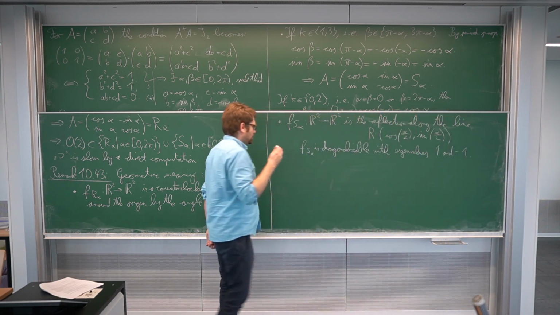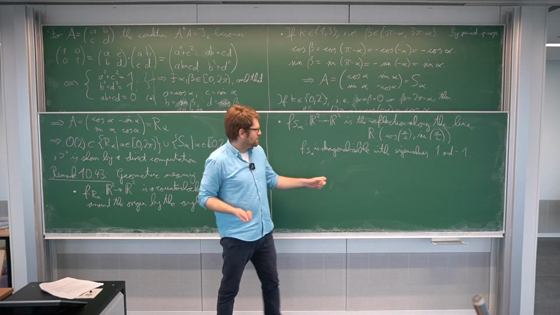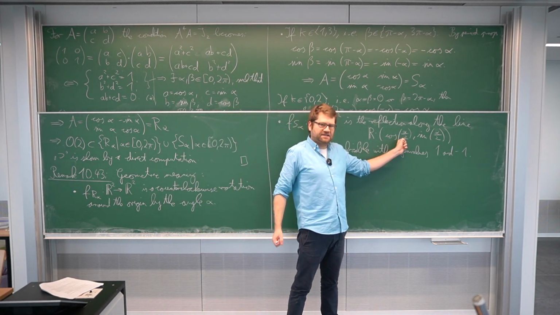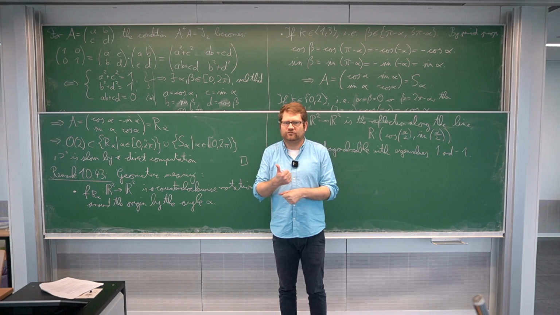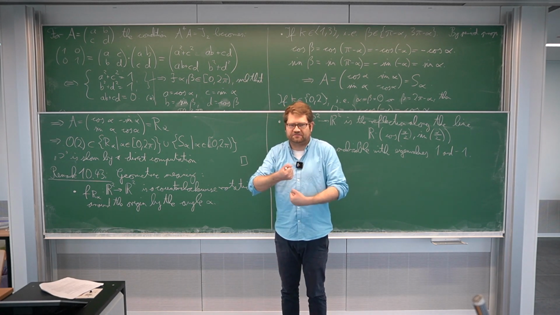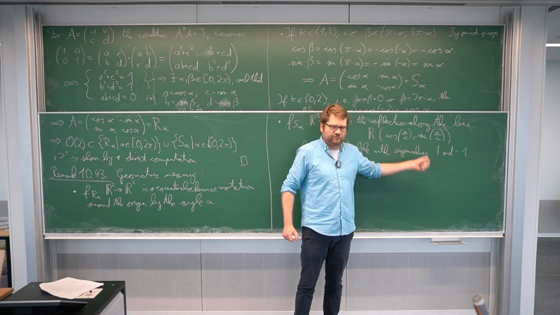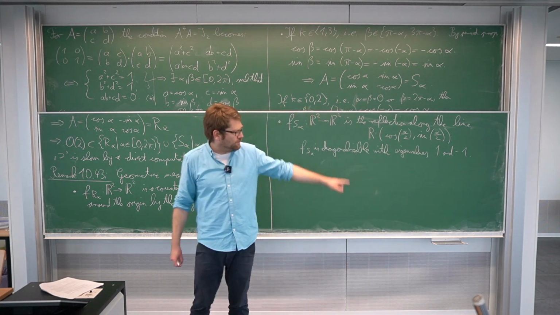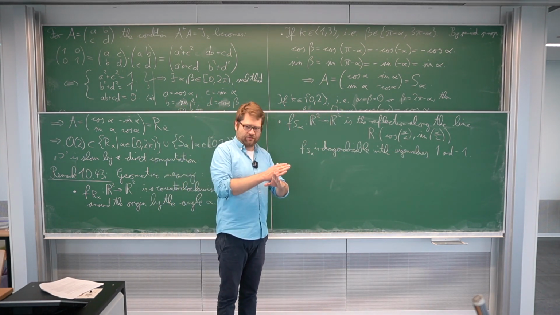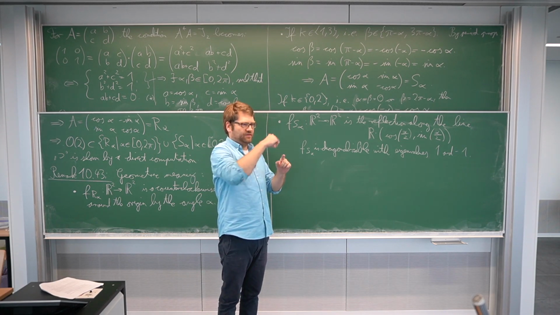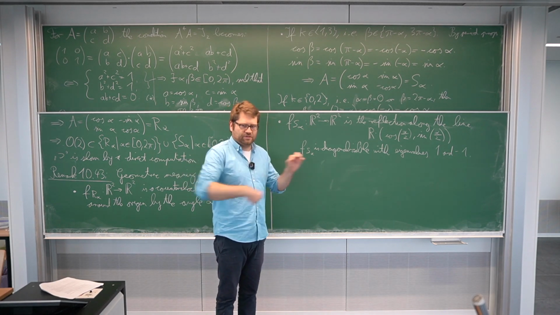The eigenvalue 1 is precisely the eigenspace of 1. This is the line: if you do a reflection along a line, the line is just fixed, so nothing happens. And you can check that this is the eigenspace of 1, and the orthogonal complement, the vector orthogonal to it, is the eigenspace of minus 1. There every vector is mapped to its opposite.